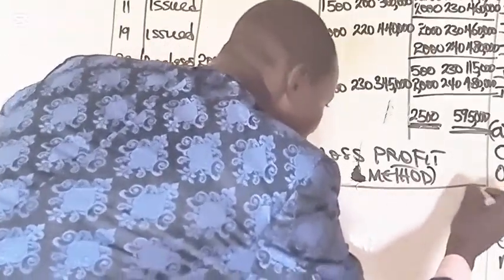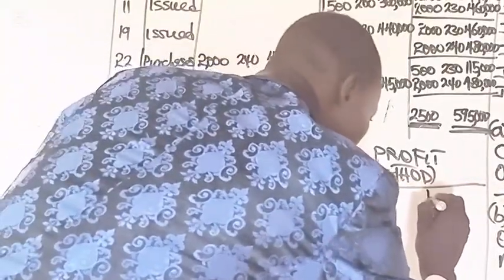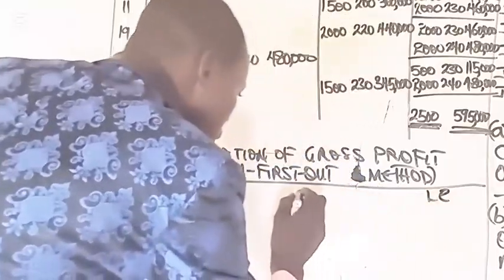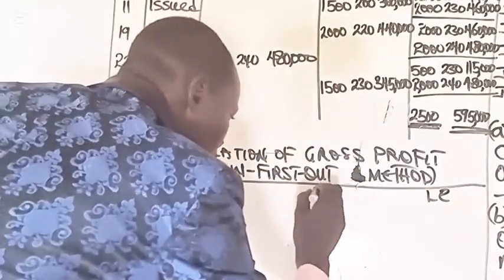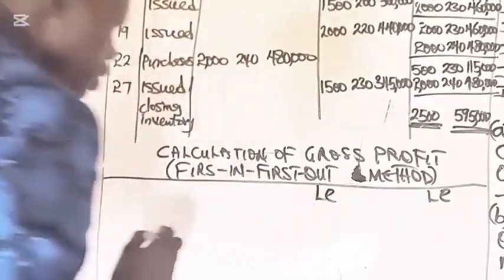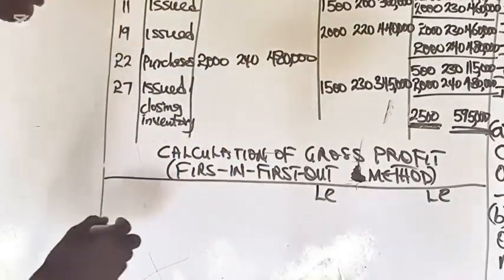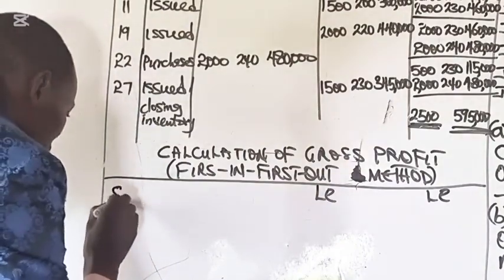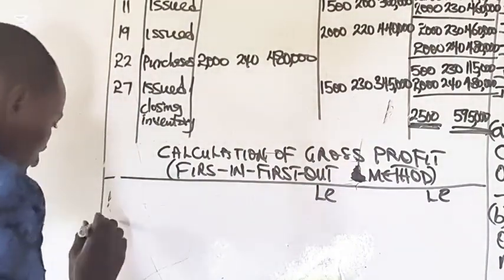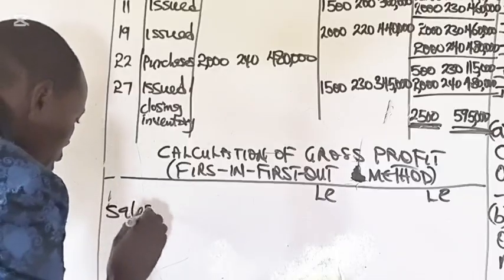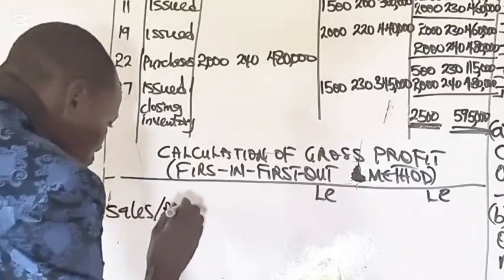So to calculate gross profit, we have sales, or revenue.